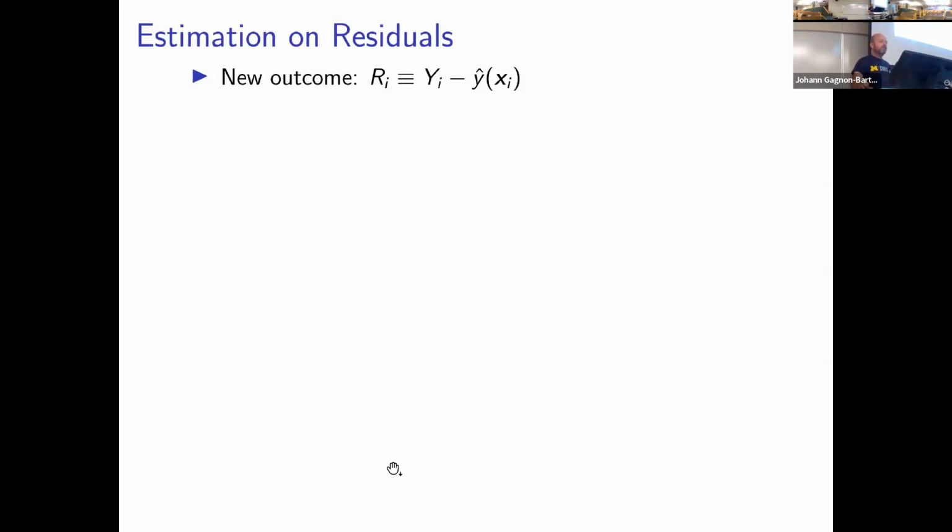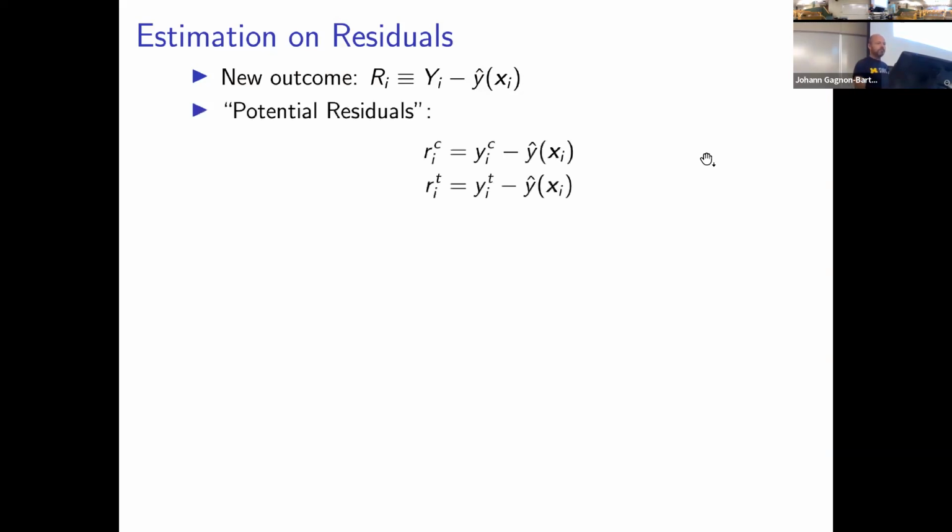So, showing this in some formulas, we define the new outcome as this residual, which is the original outcome minus the predicted outcome. And then we can start thinking about potential residuals. If the person ends up in the control group, we would see this residual, the control potential outcome minus this predicted outcome.